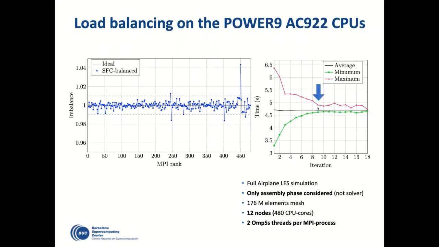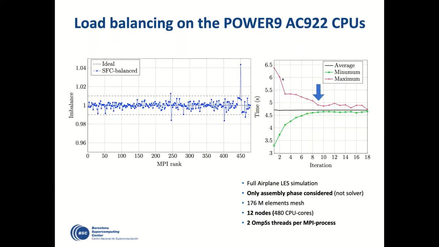The imbalance at that point comes from hardware noise, from variability in the performance of the hardware. Here is where DLB, which is not used in this example, can come and help.